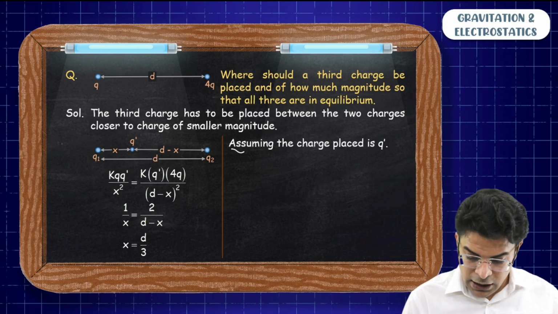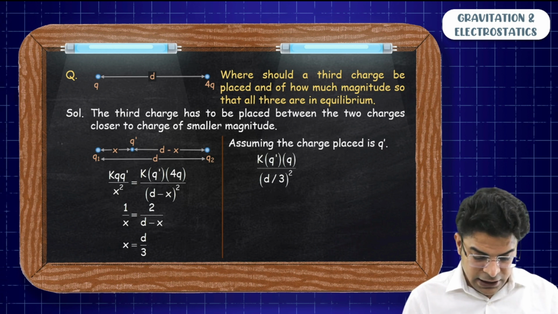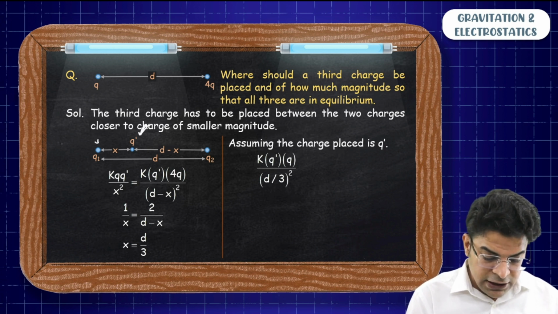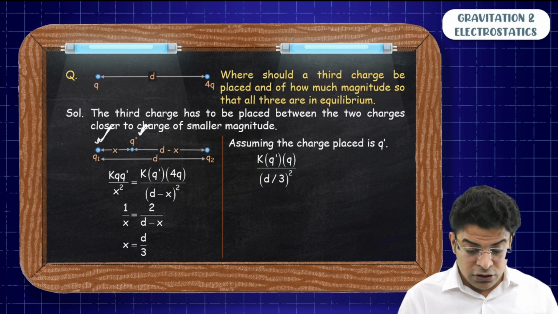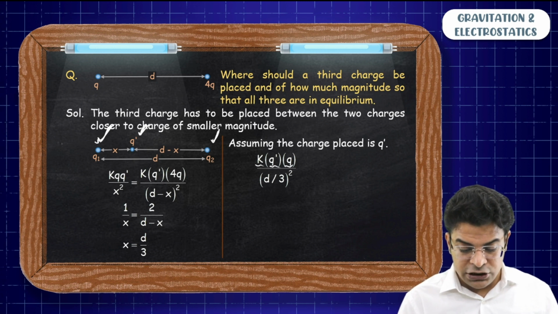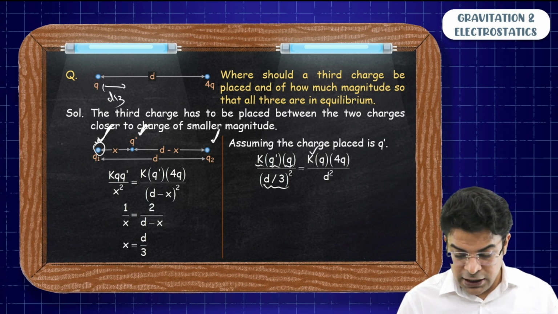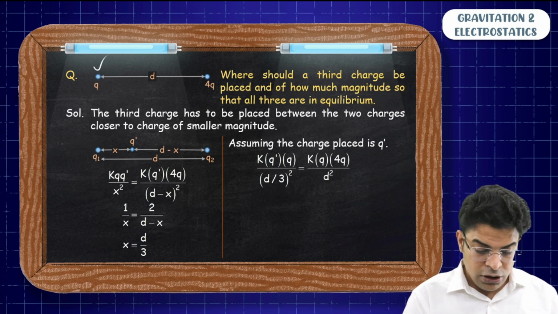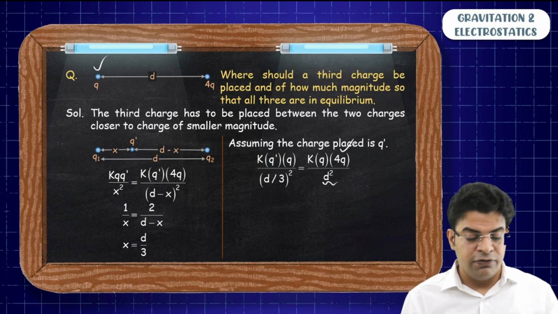So assuming the charge placed to be q dash, now you can say the force because of this q dash on this q1 should be the same as the magnitude of force because of this q2 on this q1. So you will say k q dash into q upon d by 3 whole square equals k into q into 4q, the force because of 4q on q, upon the distance between them, d square.